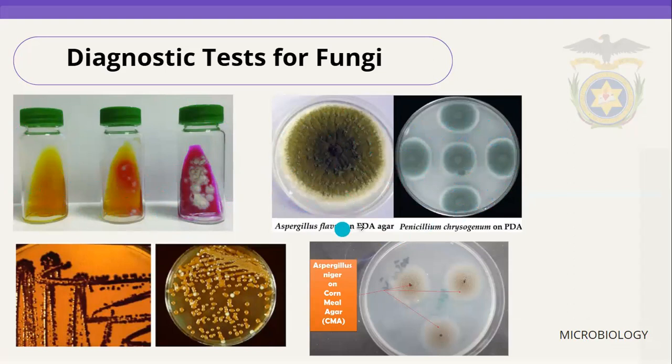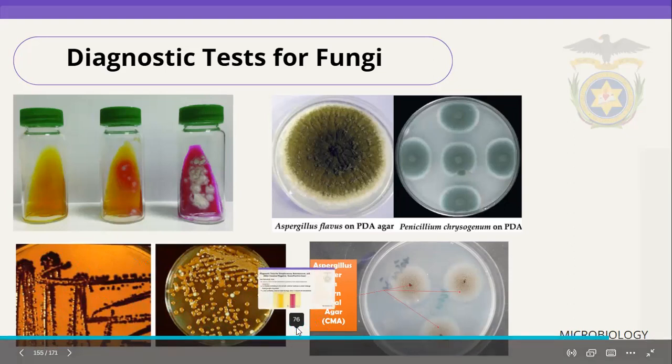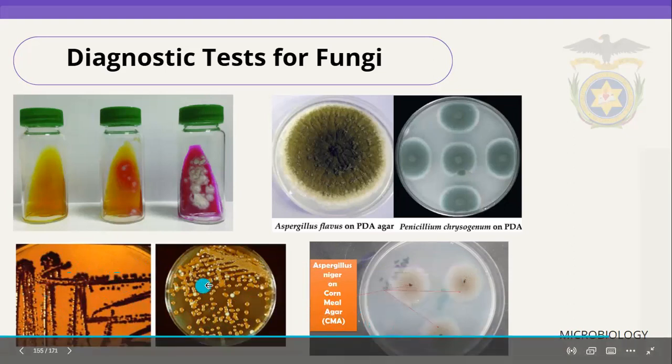But you can see here in this picture that Aspergillus flavus and Penicillium chrysogenum grow on PDA. Below here, the orange with black growth is the birdseed agar, and it is used for the recovery of Cryptococcus neoformans because black to brown colonies are due to the activity of phenol oxidase.